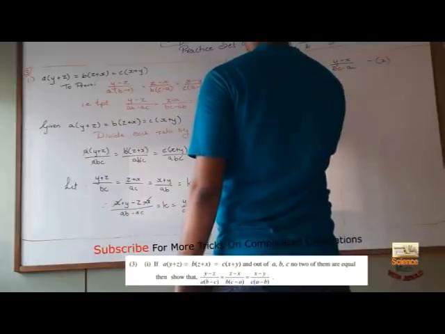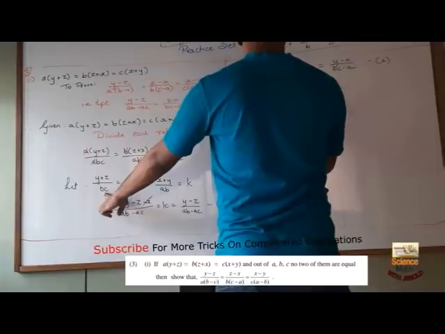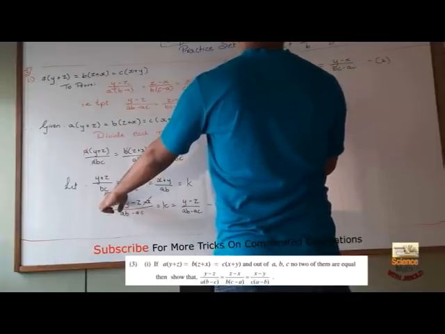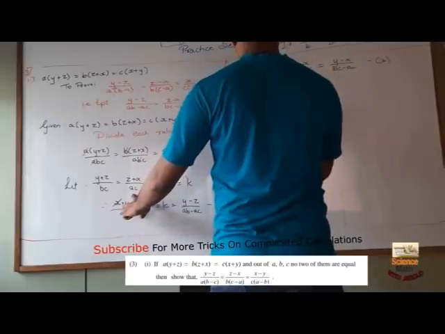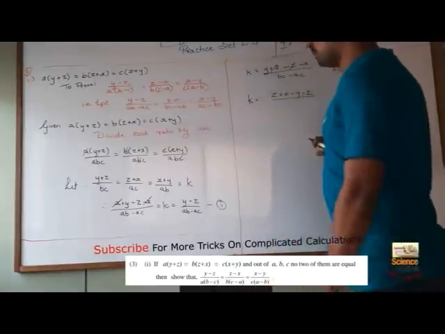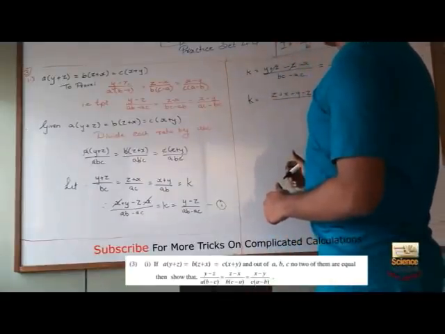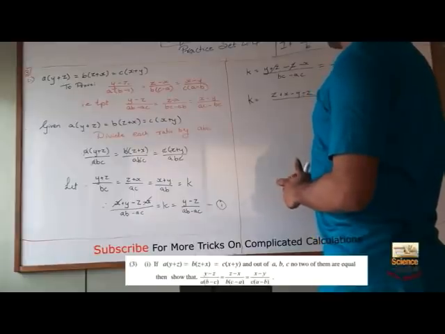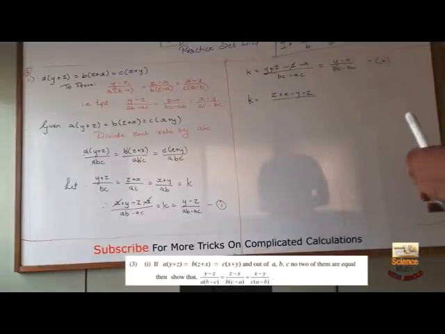So z plus x minus y plus minus z divided by BC, not BC, I want AC minus BC. No. What do I actually want in this is, let's see if I did any mistake over here. X plus z, y plus z.